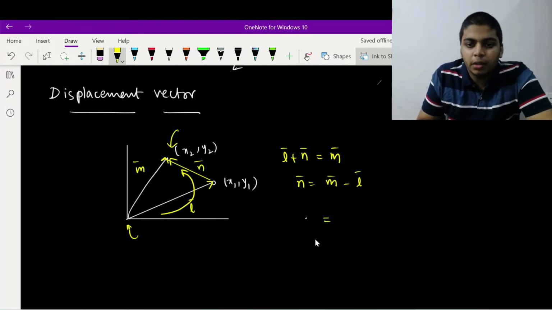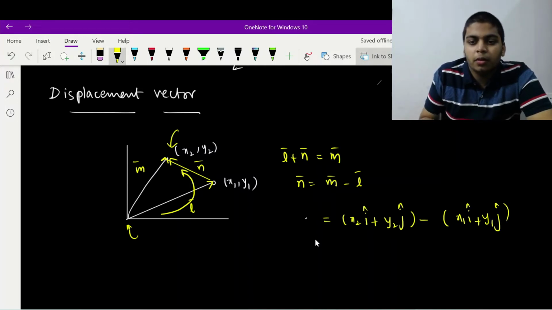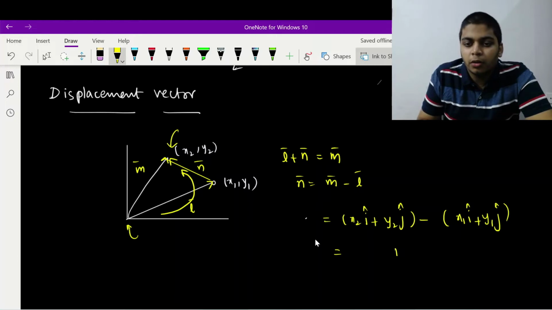M bar is x2 i cap plus y2 j cap, minus L bar, which is x1 i cap plus y1 j cap. Clubbing the i cap components, this gives you x2 minus x1 i cap plus y2 minus y1 j cap.